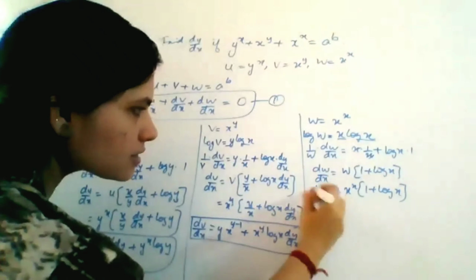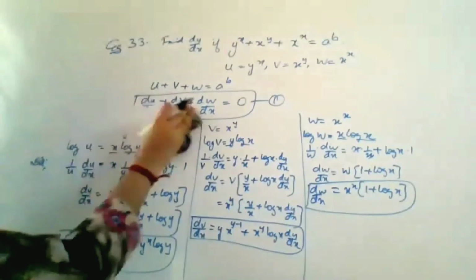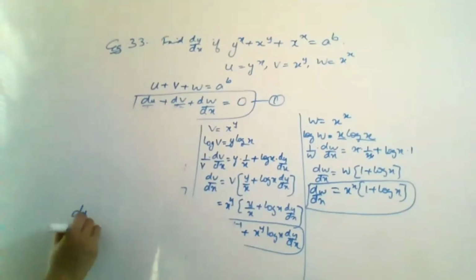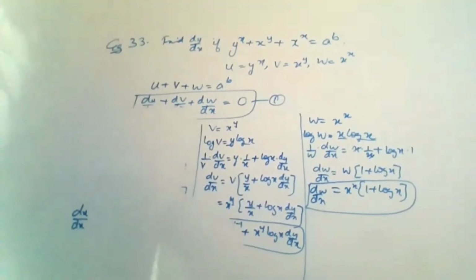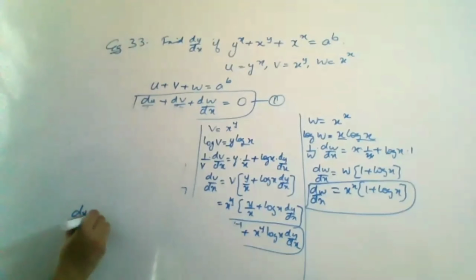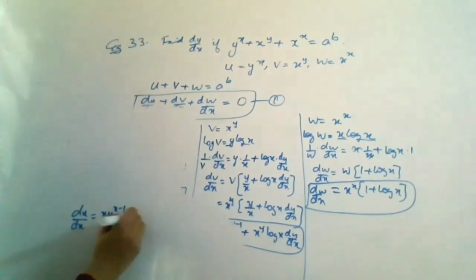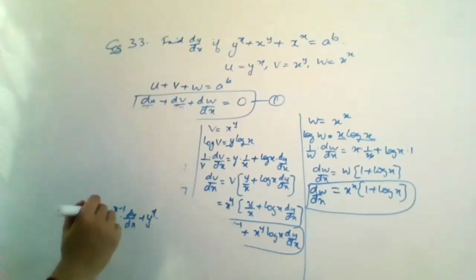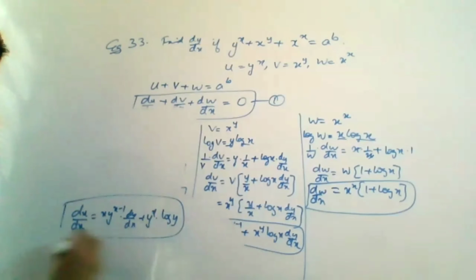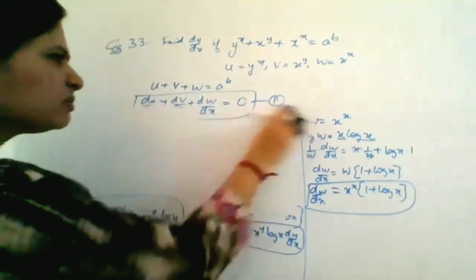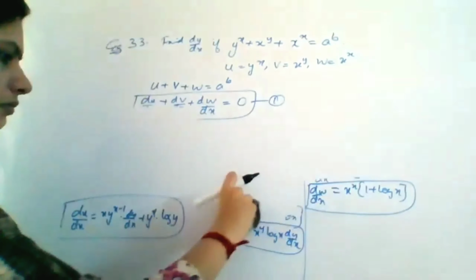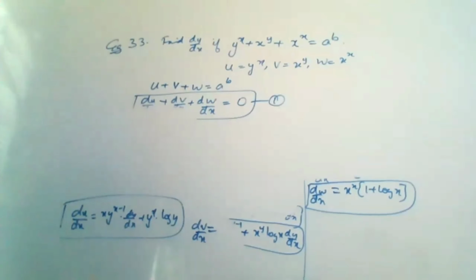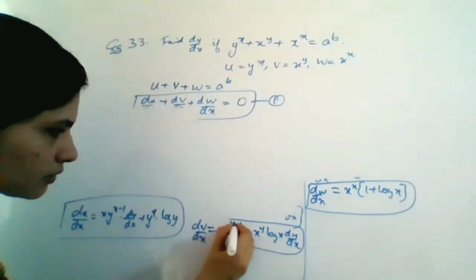Okay. dw by dx, and du by dx, you got it to be x into y raised to x minus 1 into dy by dx plus y raised to x into log y. dv by dx, how much you got? dv by dx will be y into x raised to y minus 1 plus x raised to y log x dy by dx.